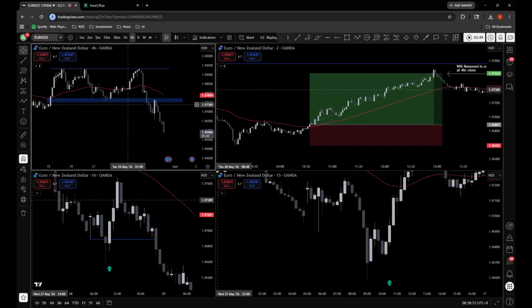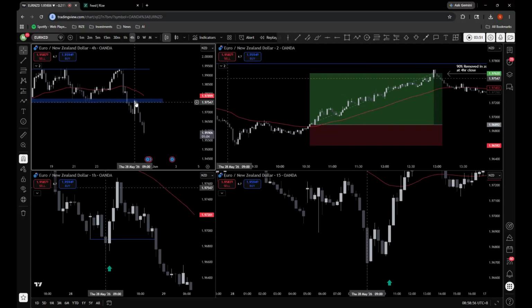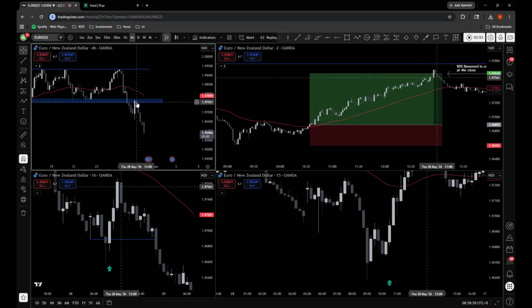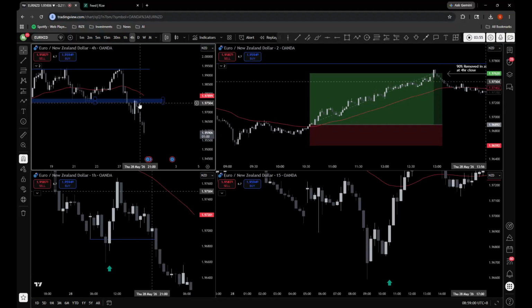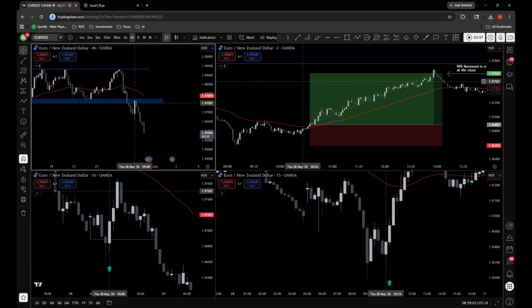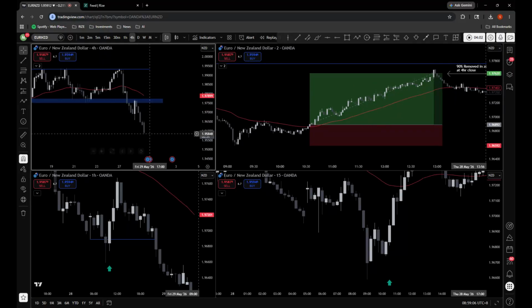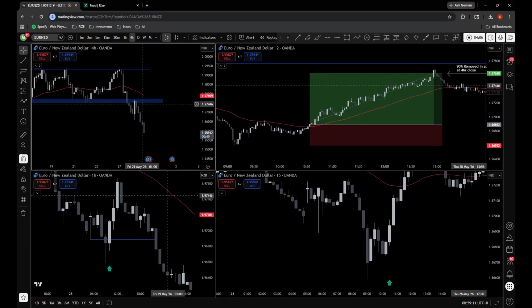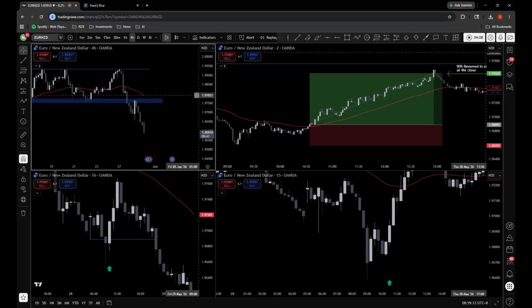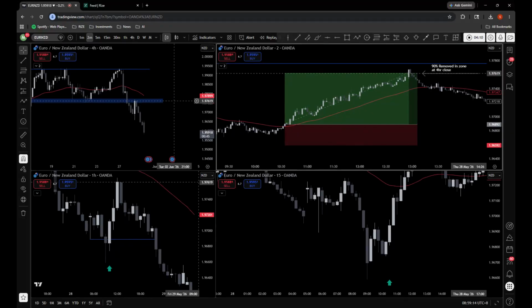This little support zone on the 4 hours, anticipating price to push up into here. Now, given we're counter trend to the overall move, I'm not really willing to give any profit back. Ideally, I'd want to get short and follow this trend to the downside if an opportunity presented itself. But in this case, this was my area of interest. I closed 90% of my position at the halfway point of this zone, which was around 2.5%.